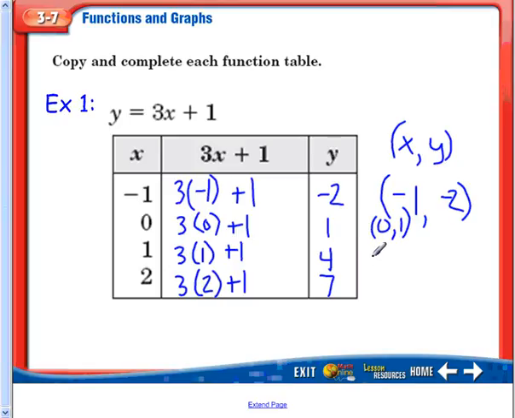Our third solution, when x is 1, y is 4. And when x is 2, y is 7. We'll be using these points and tables like this one later in our lesson to then graph our functions.